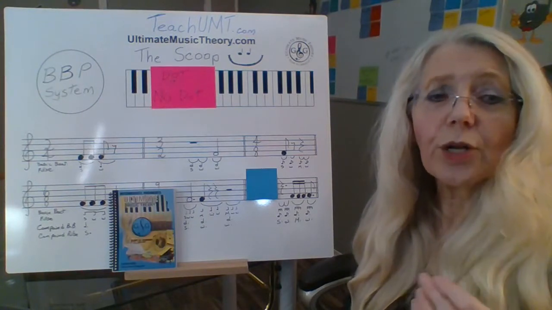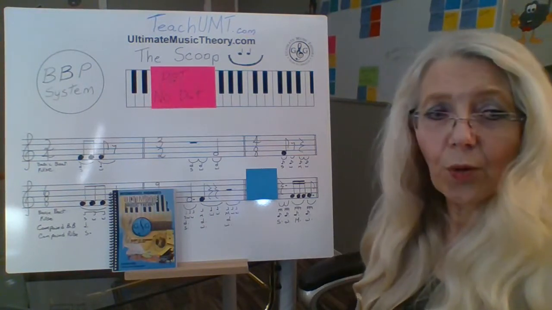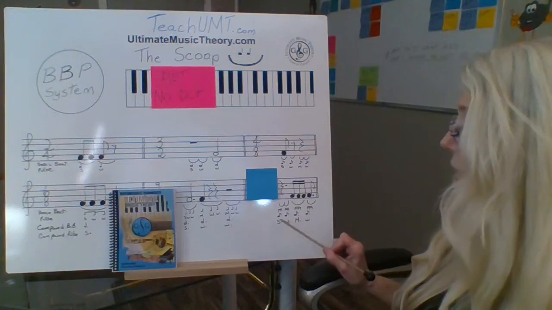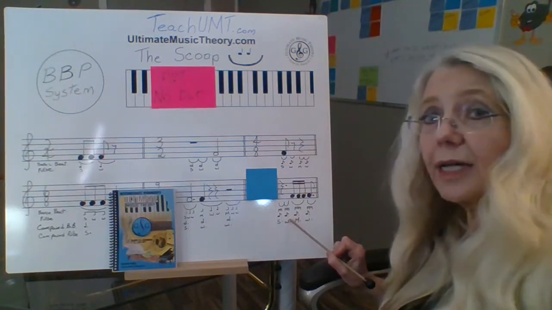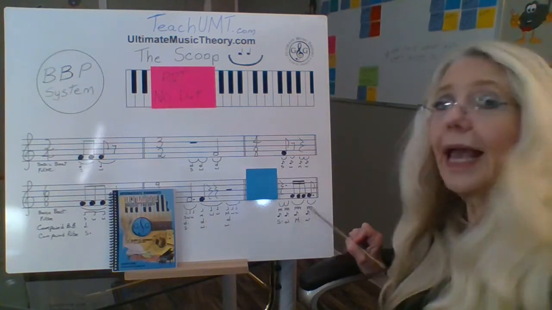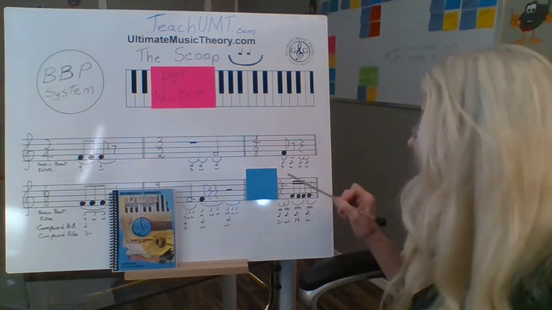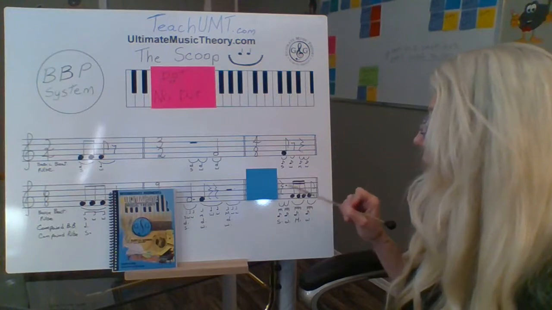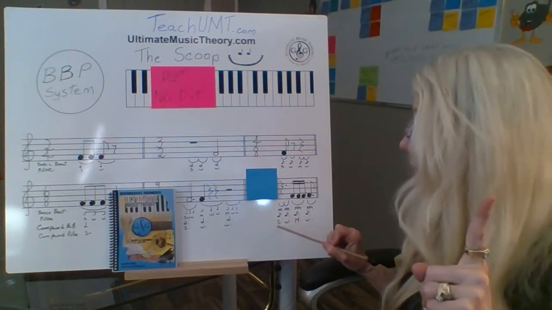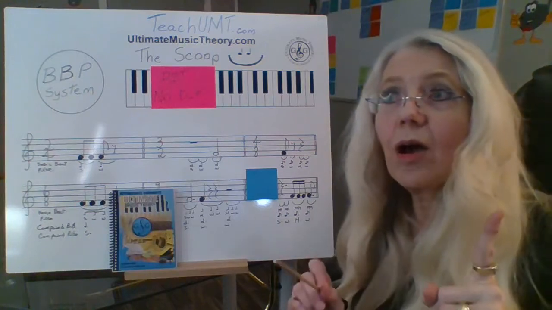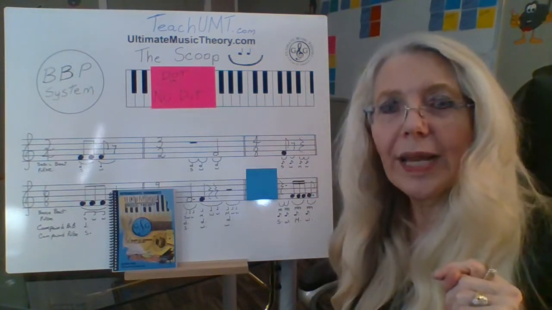All right, dot or no dot? So the answer is dot. It's an 8th note dot, an 8th note dot, an 8th note dot, and an 8th note dot. Each group is equal to 3 16th notes, which equals 1 dotted 8th note. Now I'm like, oh, wait a second.